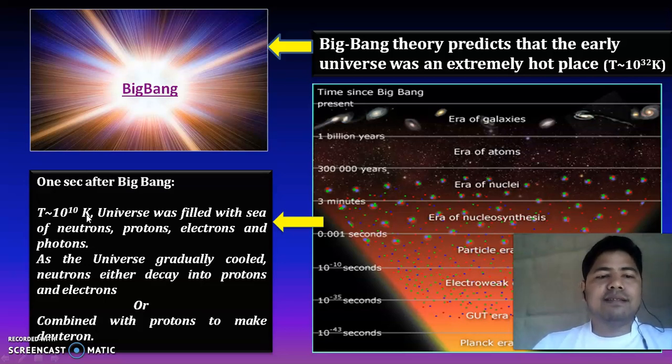Okay, as the universe gradually cooled, the neutrons either decay into protons and electrons, or they combine with protons to make deuterium.